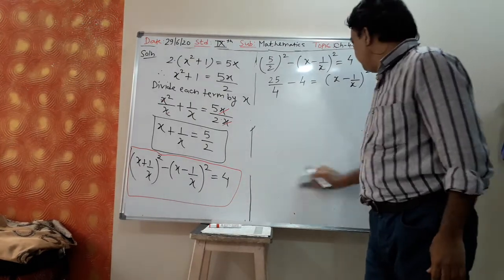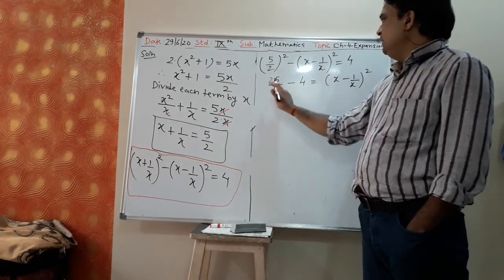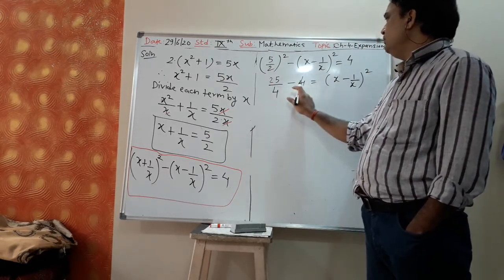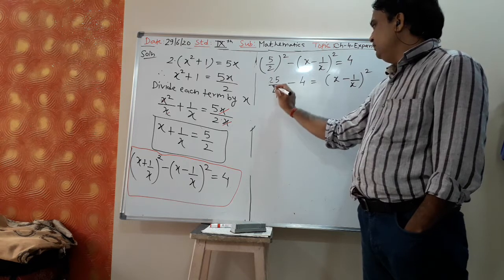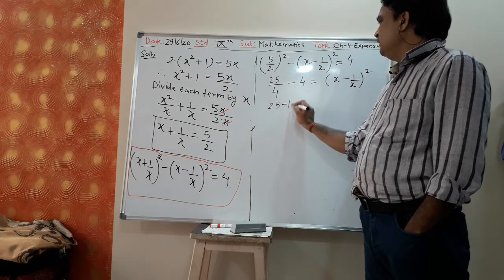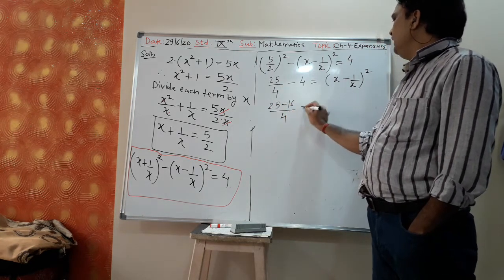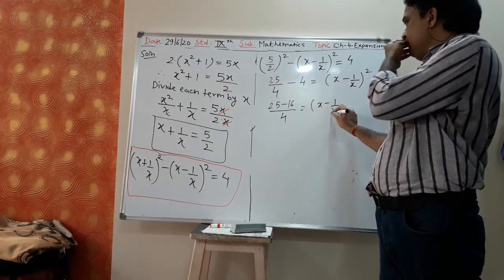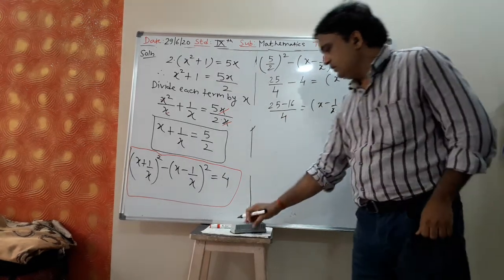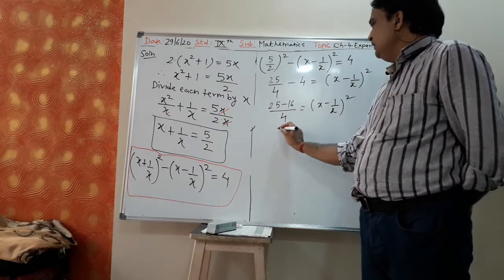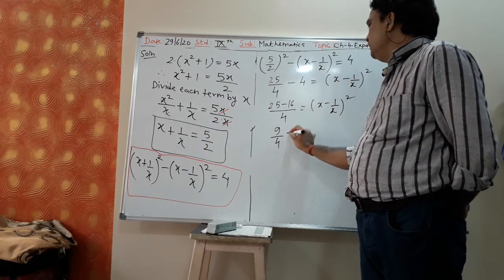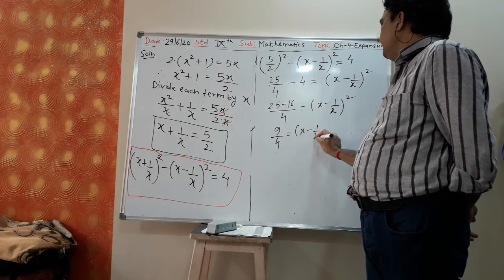So 25 upon 4, simplify. 25 upon 4, cross multiply: 4 into 4, 16. So 25 minus 16 upon 4 is x minus 1 upon x square. So it is 9 by 4 is x minus 1 upon x square.